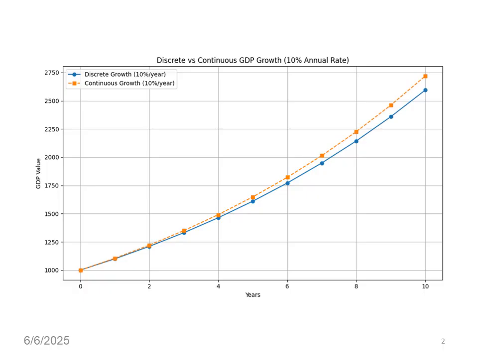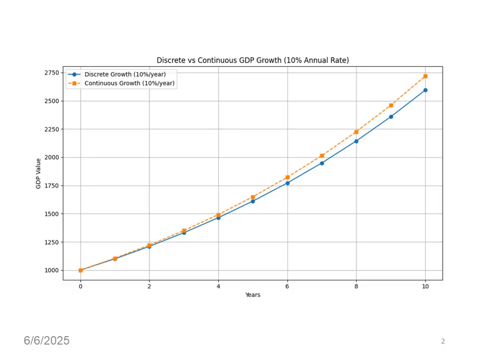When we compare the value of discrete and continuous GDP growth rate, their values are different, even though their annual growth rate is the same. Because of this, continuous GDP growth is always greater than the discrete value of GDP growth, even though the rate is the same.